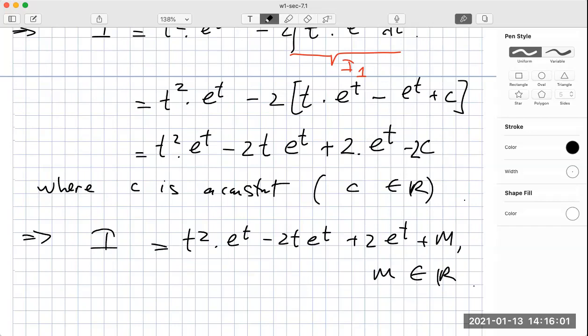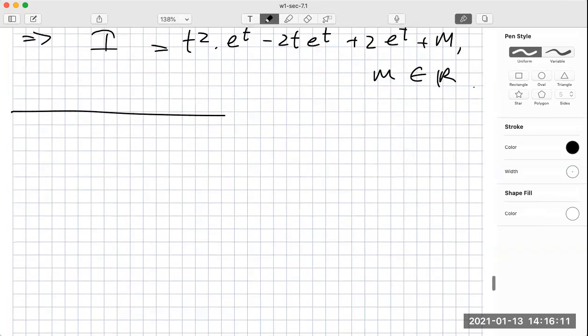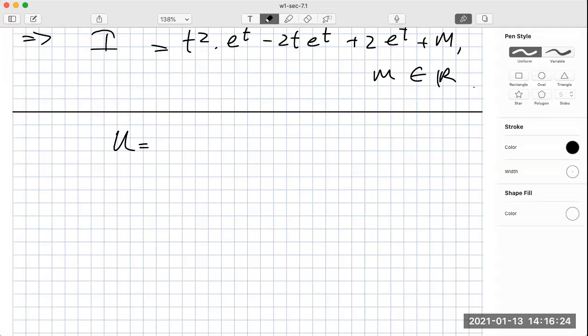So that is one way. Can we do it faster? How can we do it? Let us summarize it a little bit. Because we know that the first column would be u, and we define it to be t squared at the very beginning.